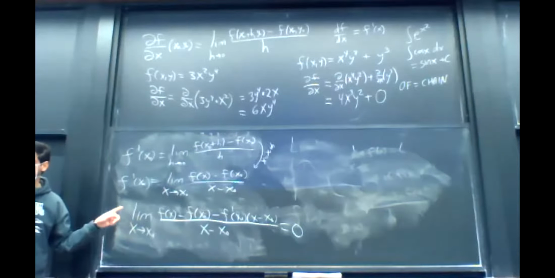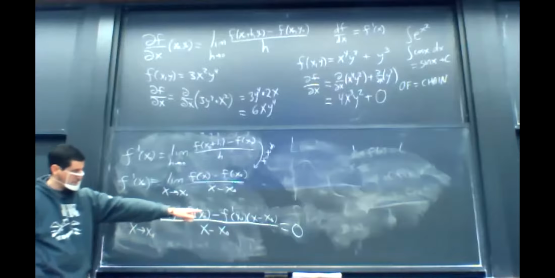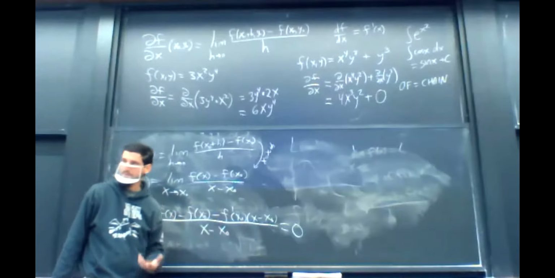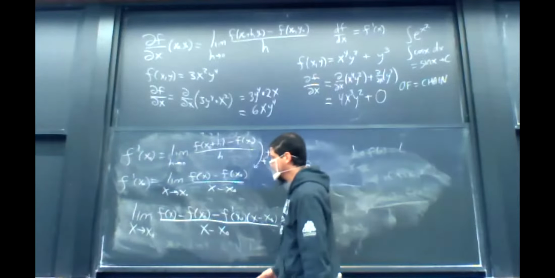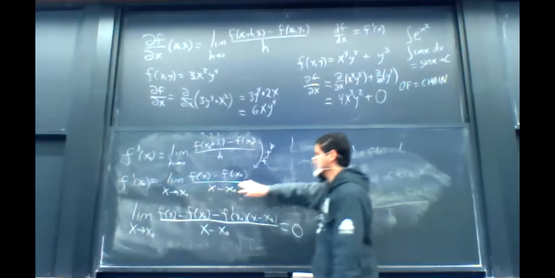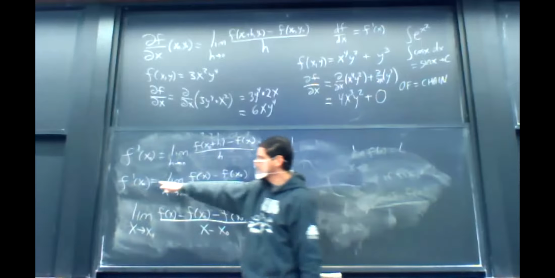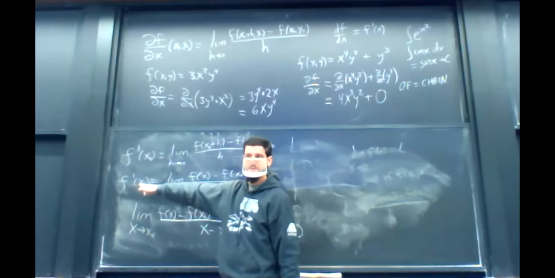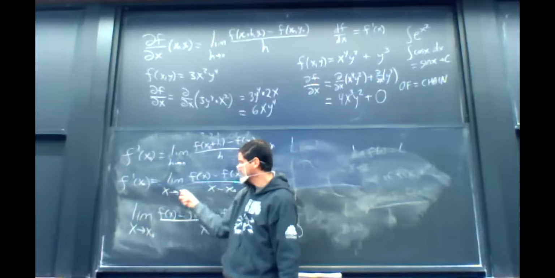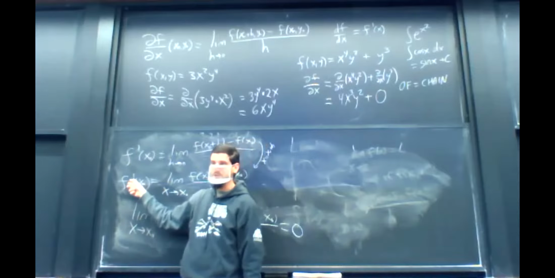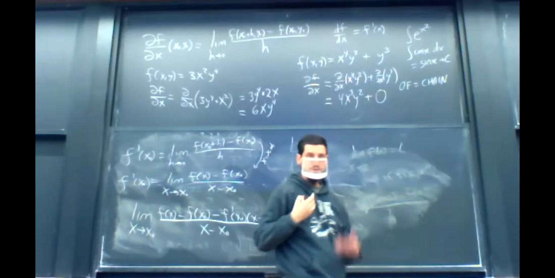This is another way of saying f prime of x naught is the derivative of f at x naught. What I've done is I've moved the f prime of x naught over to the side. Does this have any x dependence? As I vary x, as I send x to x naught, does f prime of x naught change? Or is it constant?